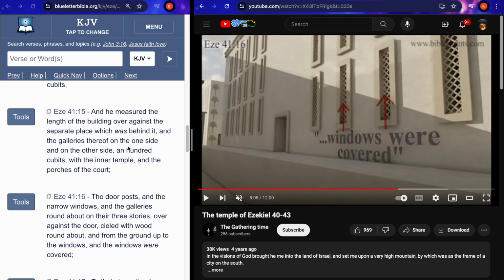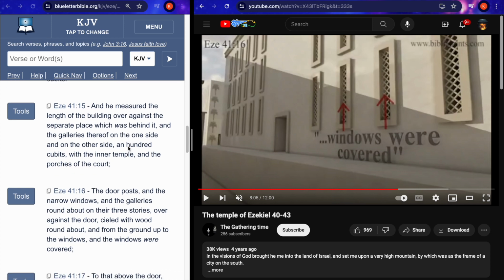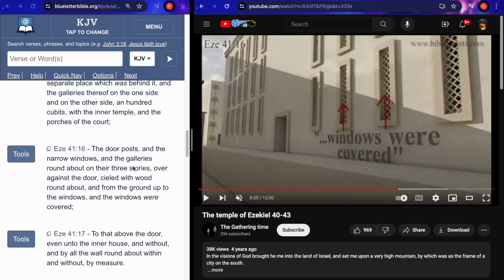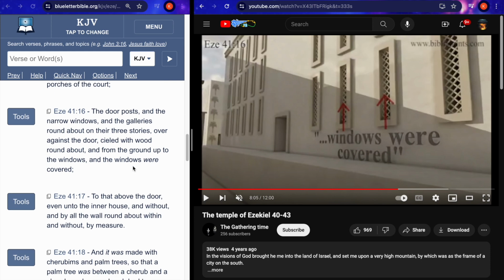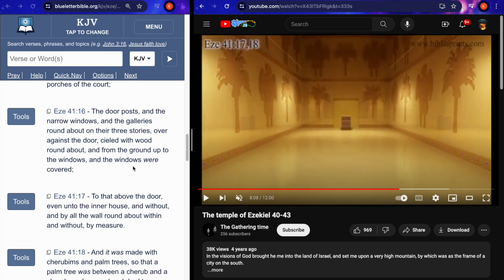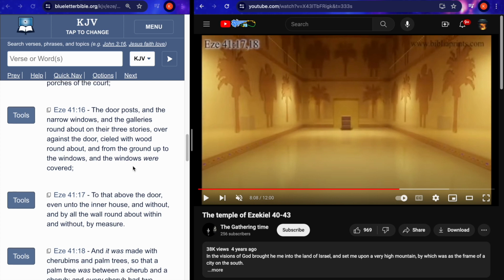Verse 15, and he measured the length of the building over against the separate place which was behind it, and the galleries thereof on the one side, and on the other side 100 cubits, with the inner temple and the porches of the court. The doorposts and the narrow windows, and the galleries round about on their 3 stories, over against the door, sealed with wood round about, and from the ground up to the windows, and the windows were covered.